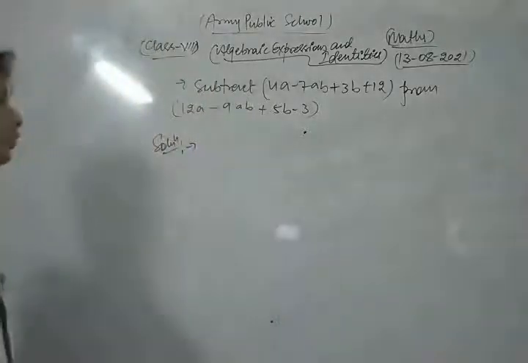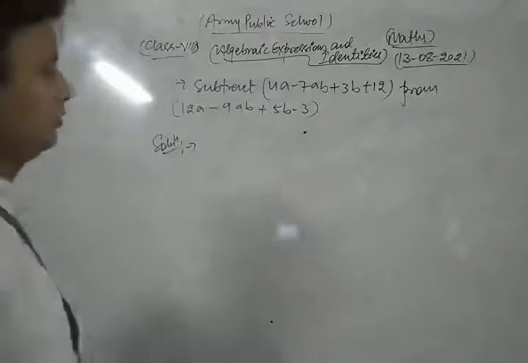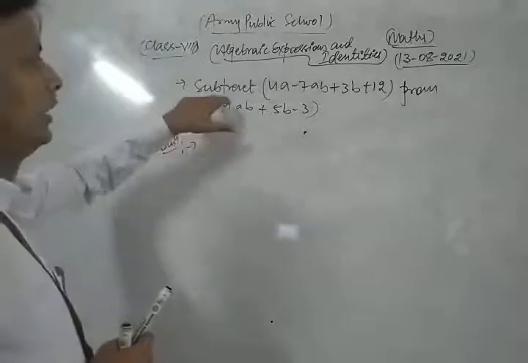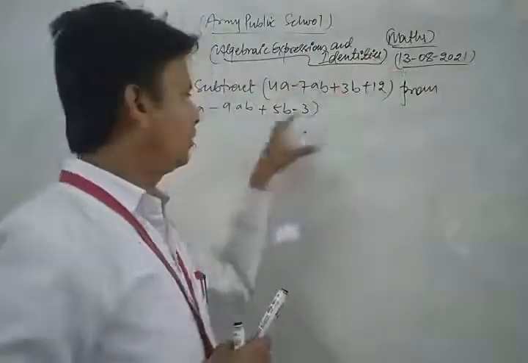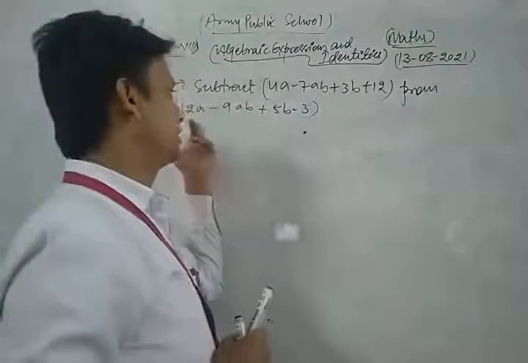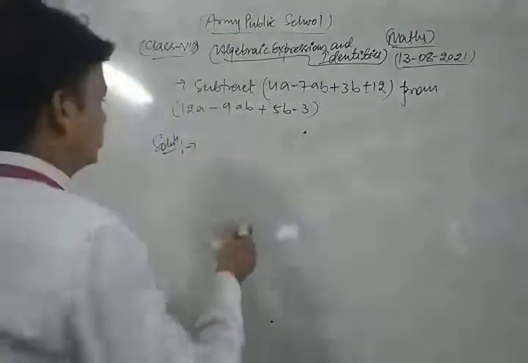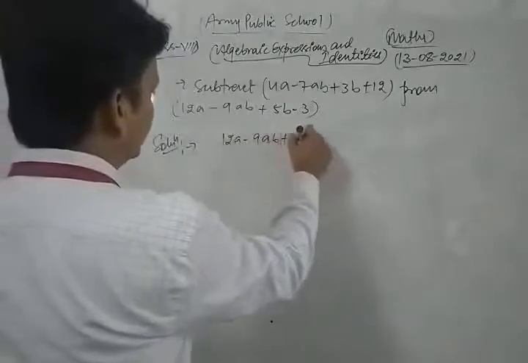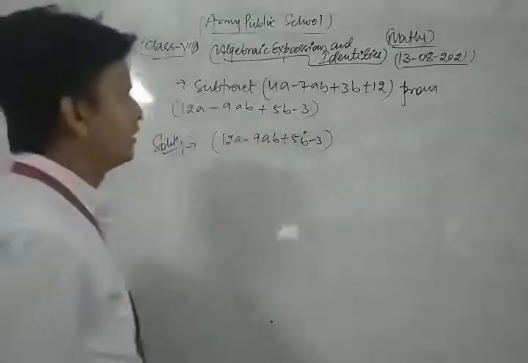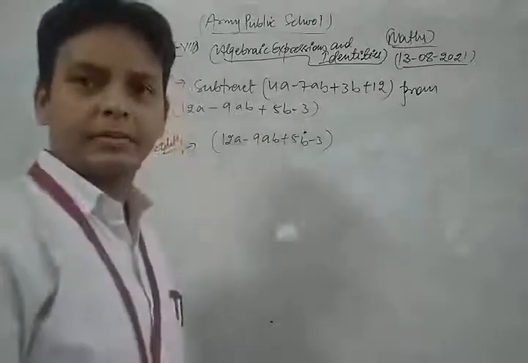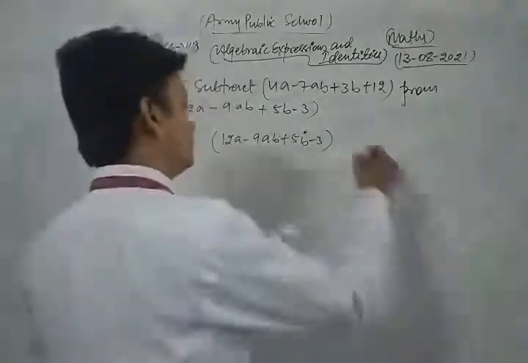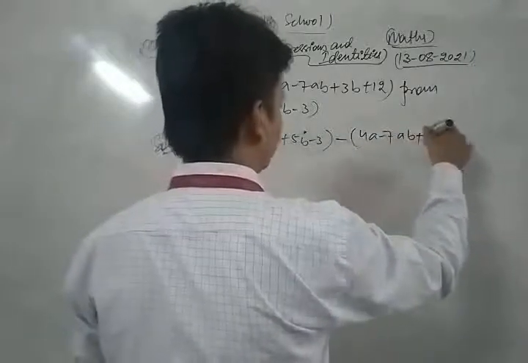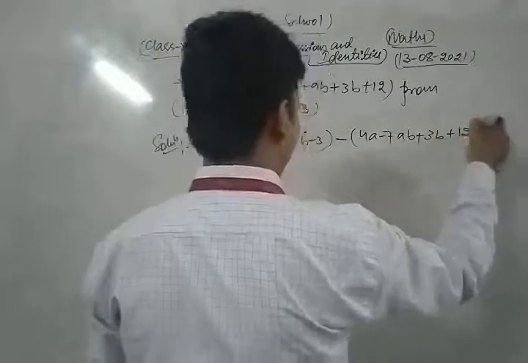Now look, what do I do for that? Here we subtract this algebraic expression from this one. So first of all we write this expression minus this: 12a minus 9ab plus 5b minus 3, minus the bracket of 4a minus 7ab plus 3b plus 12.